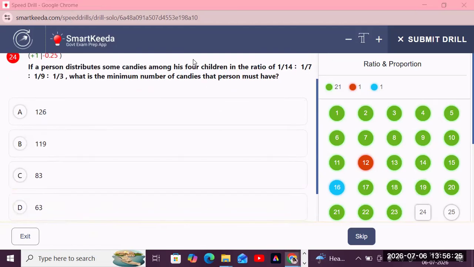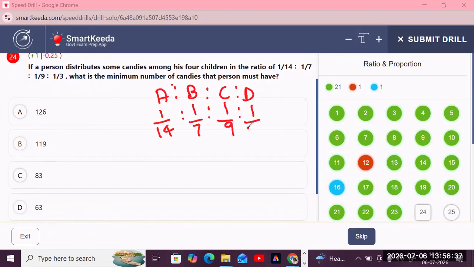If a person distributes some candies among A, B, C, D as 1 by 40, 1 by 7, 1 by 9, and 1 by 3.